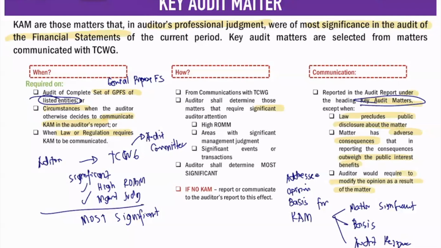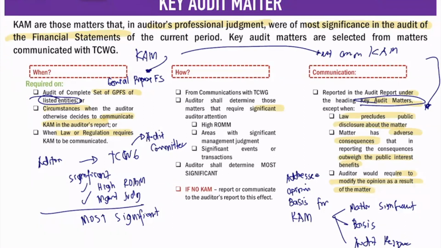Again, as a rule, key audit matter is required on these items. However, you do not communicate those key audit matters if any of the following is present: if the law itself precludes the disclosure, if the key audit matter has adverse consequences, and if the matter is proper to modify the opinion instead. So instead of placing it as a key audit matter, you can just modify the opinion.